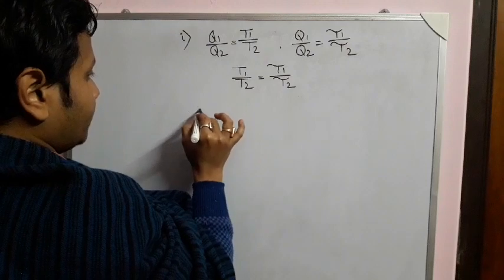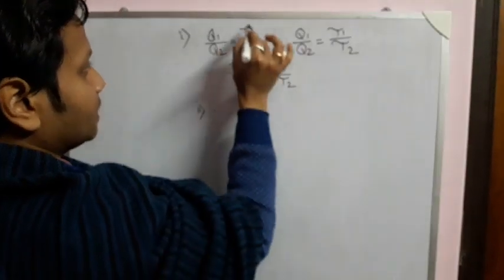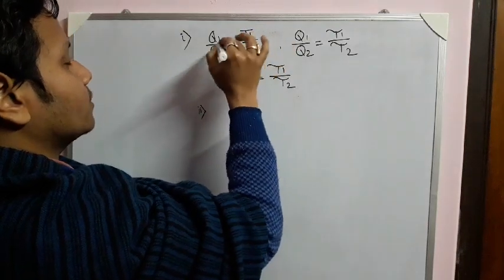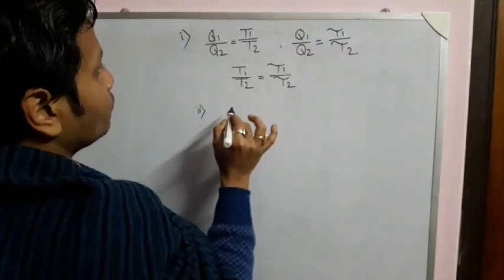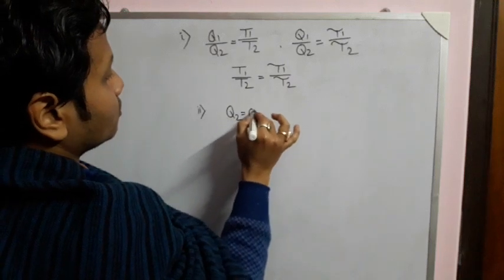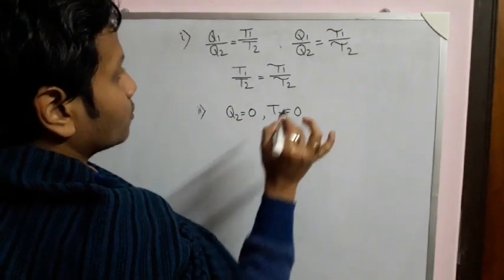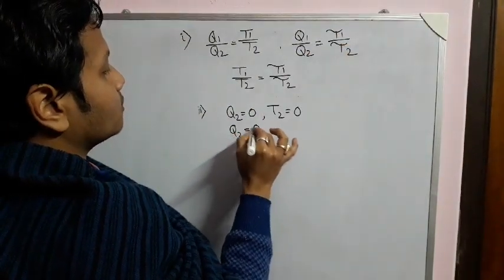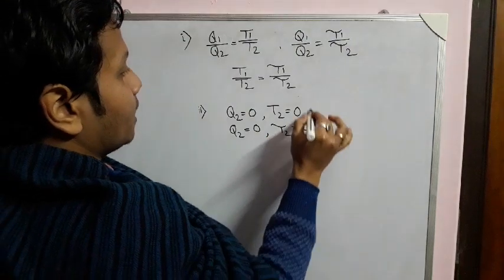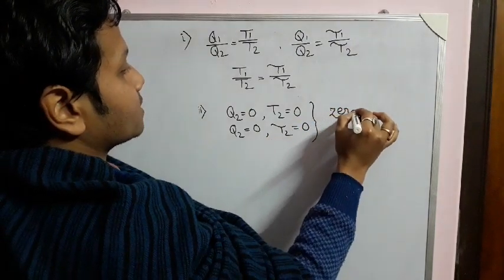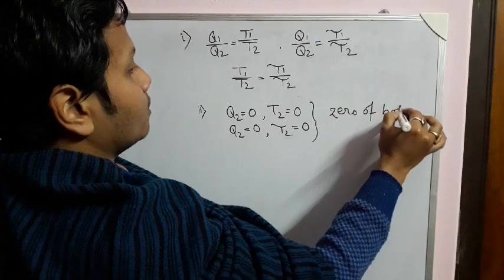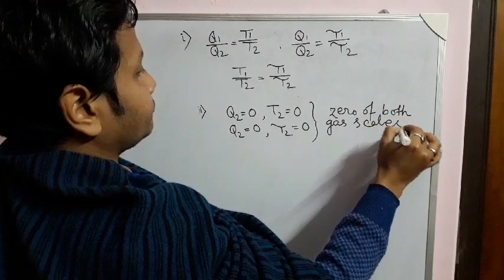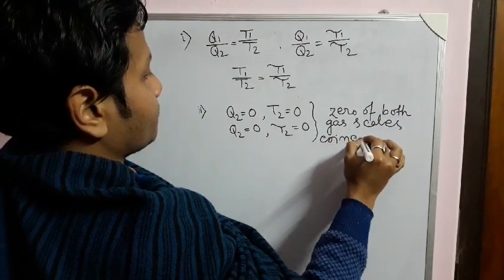Another similarity that we found: if you look back at the equation of the reversible Carnot engine for a perfect gas scale and you make Q2 equal to 0, then T2 becomes 0. In this equation, if you take Q2 equal to 0, then tau 2 is also 0, and so the 0 of both gas scales coincides.